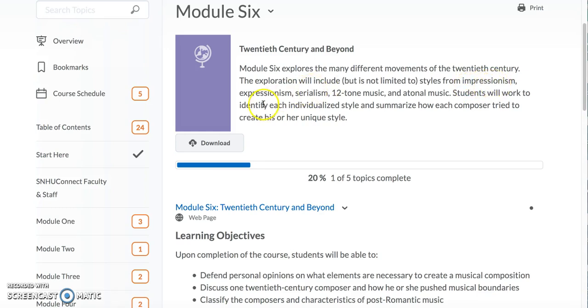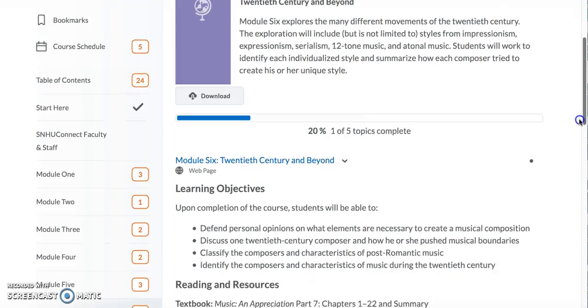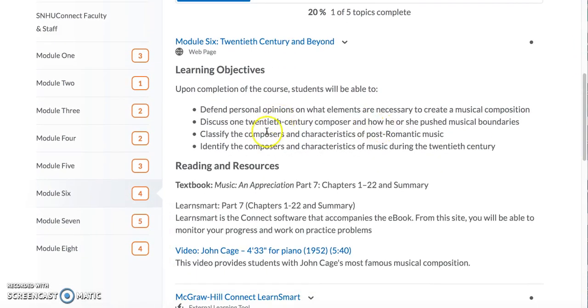Impressionism, Expressionism, Serialism, 12-tone music is also introduced in the early mid-20th century, in atonal music, or music without a tonal center. All of these movements start to become very prominent in 20th century music, especially around and after the First World War.